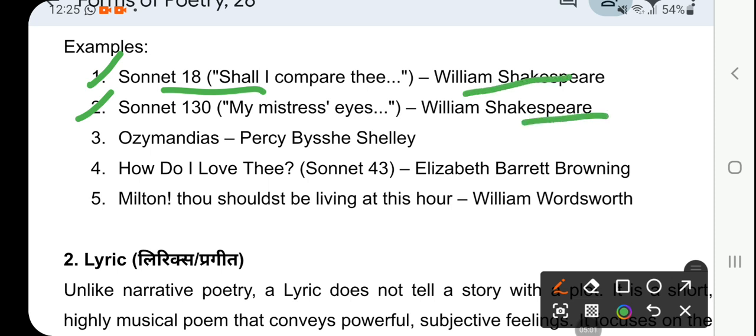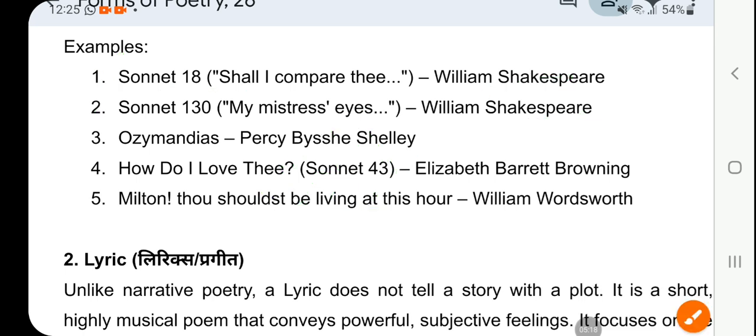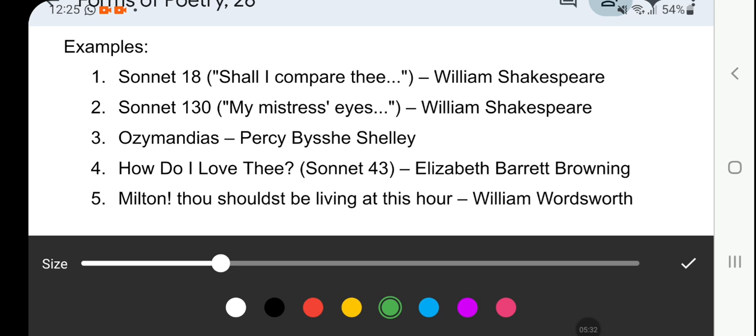Number-wise, sonnets were written by William Shakespeare. He had written 154 sonnets. Number 18 sonnet's name is Shall I Compare Thee? And number 130, My Mistress' Eyes, is also written by Shakespeare, right?